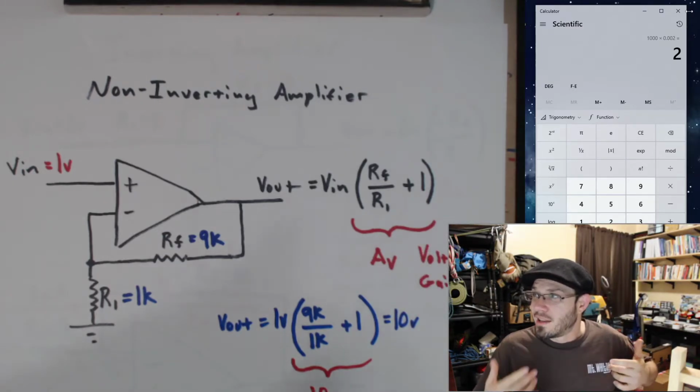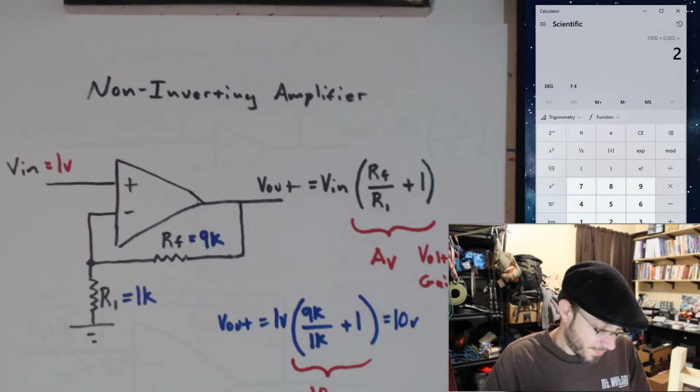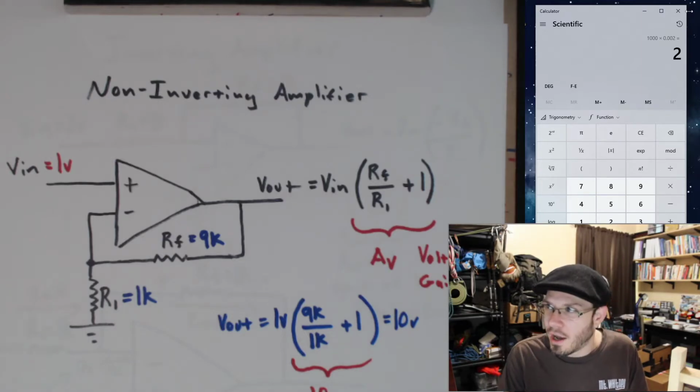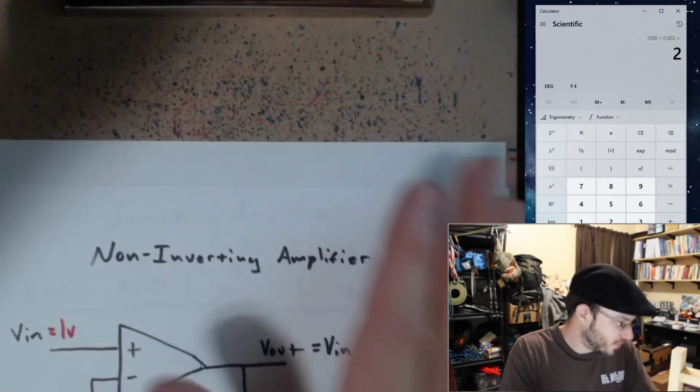Okay, someone help me out here. I really want a non-inverting amplifier that has a gain of 1.